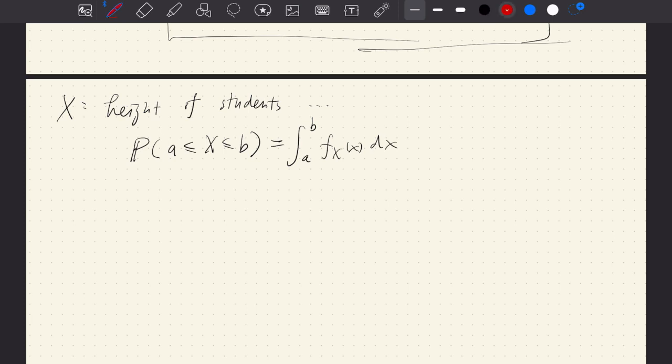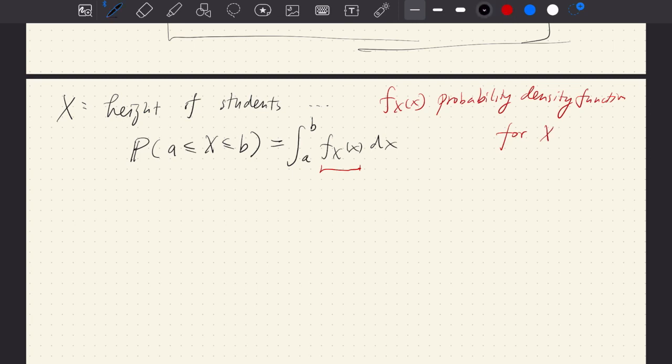So we have defined a new function here, and this f_X of x is called the probability density function for x, okay?